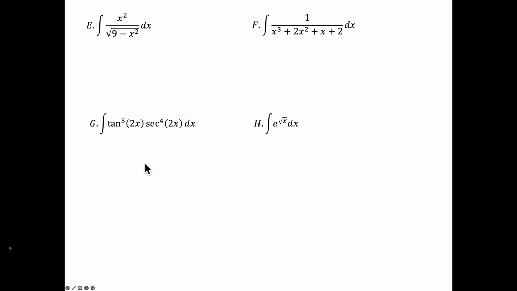Example E, this is definitely the square root of a perfect square minus or plus another perfect square with a variable. This is going to be my trig substitution. So 9 minus, that means 9 is 3 squared, so 3 is on my hypotenuse. I want to put x across from theta. We'll put the square root of 9 minus x squared adjacent to theta.